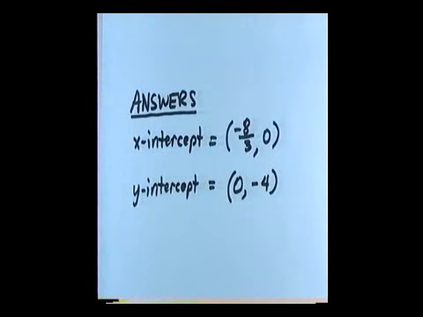The answers are the x-intercept is (-8/3, 0), and the y-intercept is (0, -4). If you made mistakes and can't determine what you did wrong, be sure to mark that on your paper so that you can ask for help.